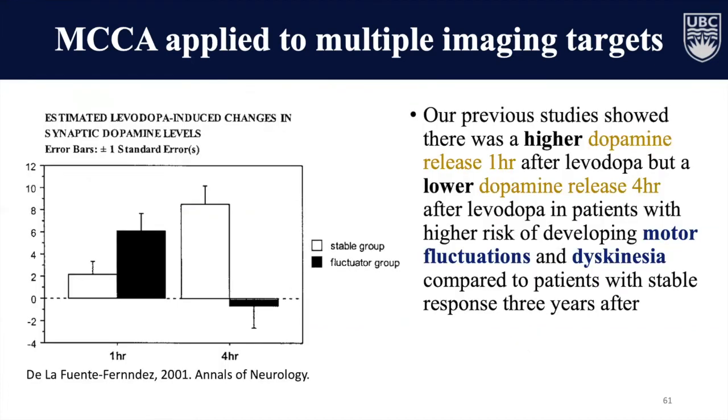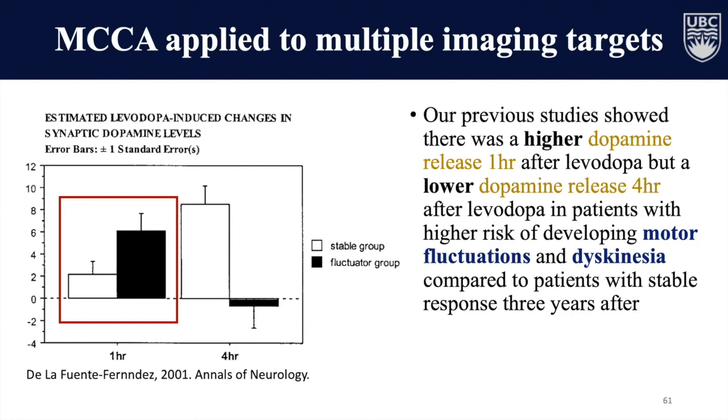However, our previous study actually showed there was a higher dopamine release 1 hour after levodopa, but lower dopamine release 4 hours after levodopa in patients with higher risk of developing motor fluctuations and dyskinesias compared to patients with stable response 3 years after. So here you have the stable responders and then people with fluctuation 3 years after this baseline imaging.